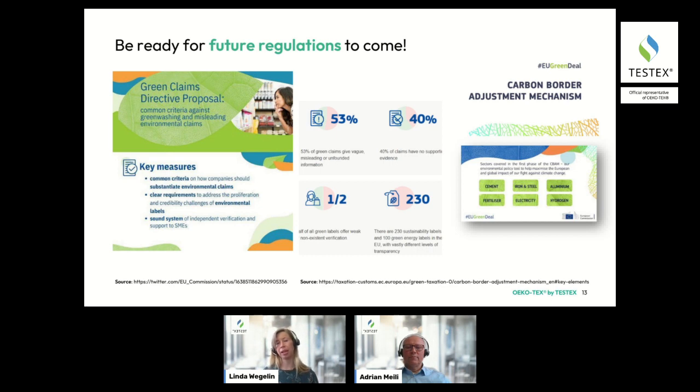And then on the left-hand side, we have another directive proposal for green claims that was very recently published at the end of March, 22nd of March. And there, the focus is really that all the labels that are out there, that say this is organic or this is green, have to be reliable and credible.